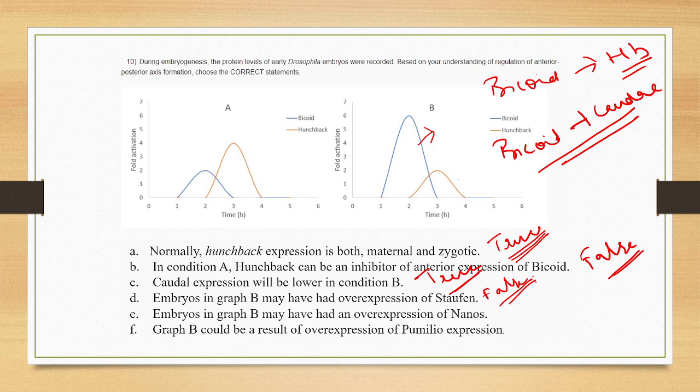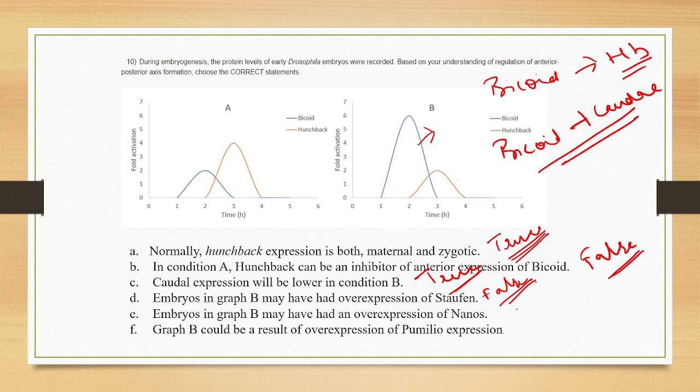Although staufen mutation affects bicoid distribution, this statement does not fit the expression profile in graph B, because overexpression of staufen would affect bicoid localization more than the fold change. So therefore this statement again becomes false.